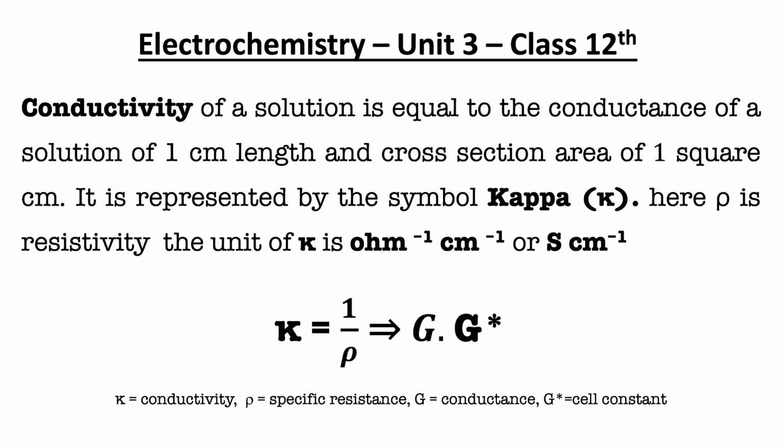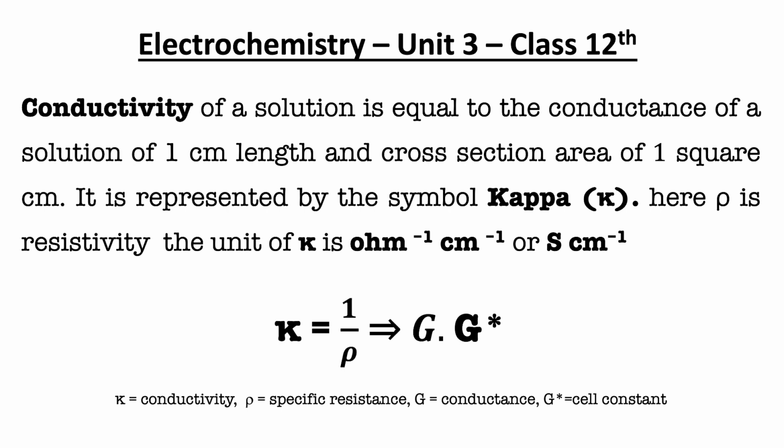Conductivity of a solution is equal to the conductance of solution of 1 centimeter length and cross sectional area 1 square centimeter. Actually, the resistivity is termed rho, and the inverse of resistivity is known as conductivity. The symbol used for conductivity is kappa, or we write it as a small k.